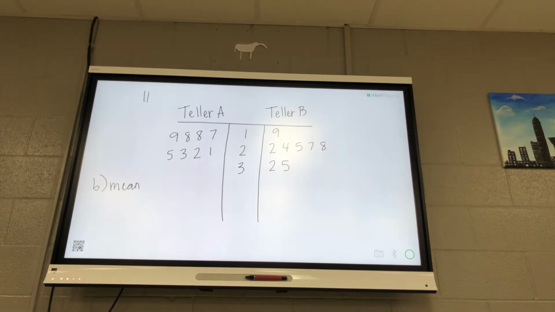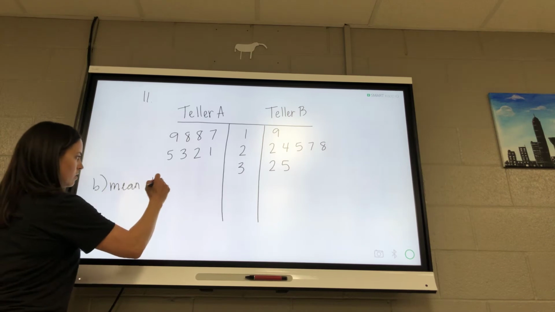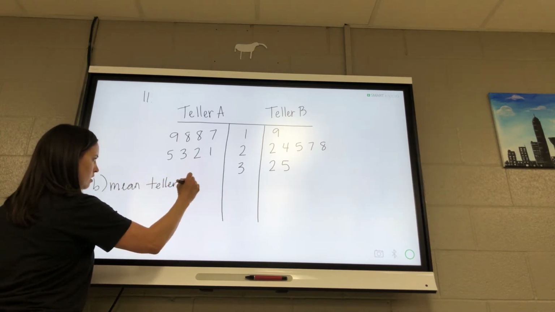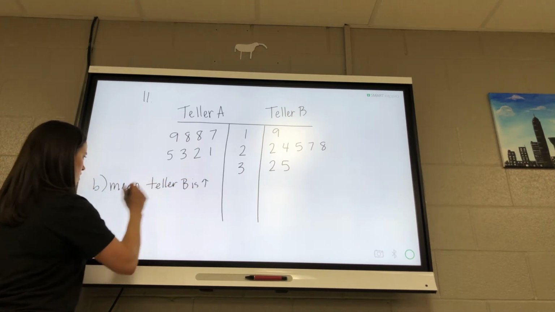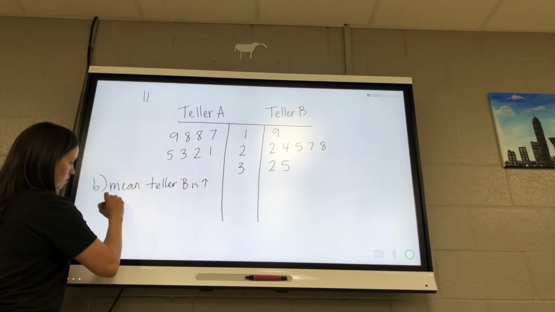No. It just asks us to compare the mean and the median. The mean and median of teller B are higher. We can just infer that. Teller B is higher for mean and median.